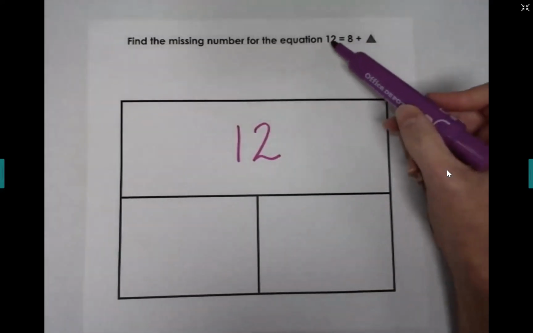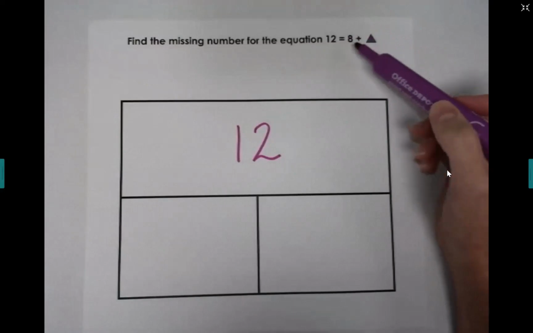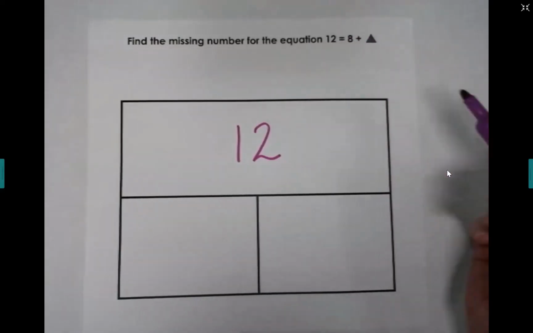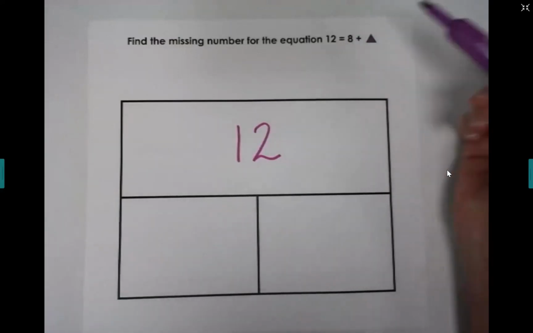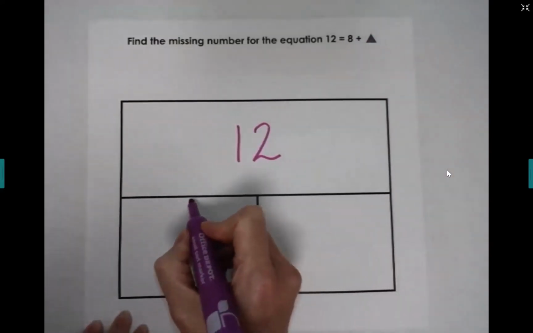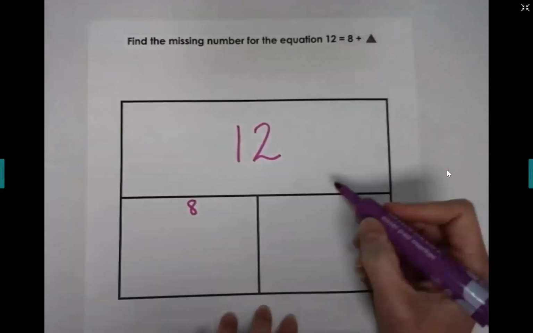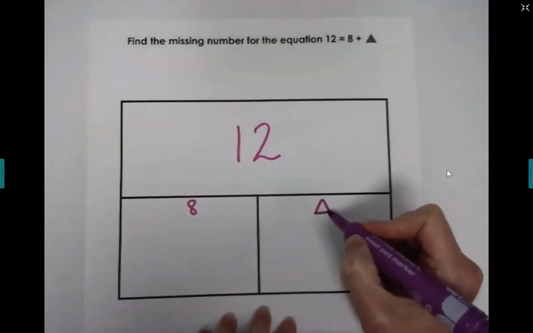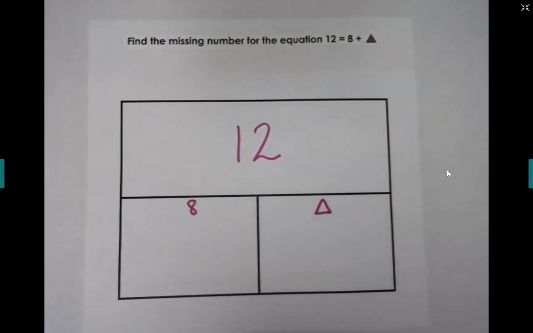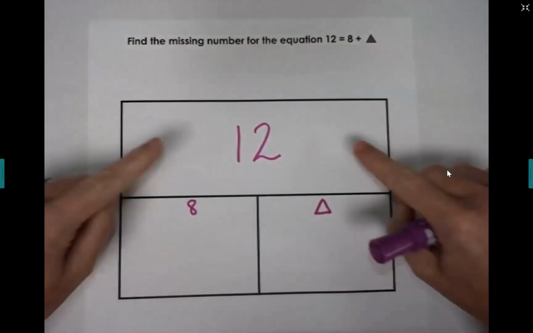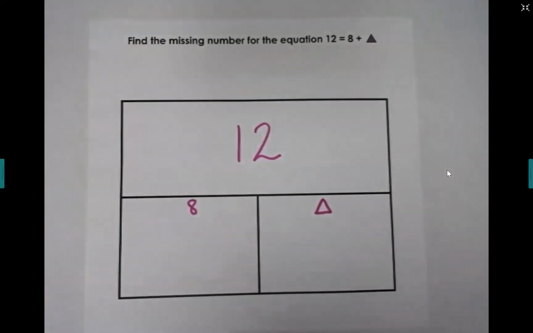And what I need to do is make this right side of my equation equal to or the same as 12. So I see I have 8, which is one of my parts, plus the other unknown part represented by a triangle here. So these two parts need to equal that 12, the whole.